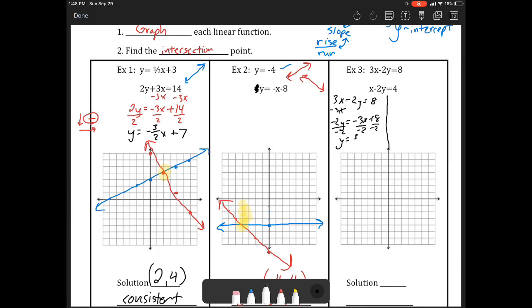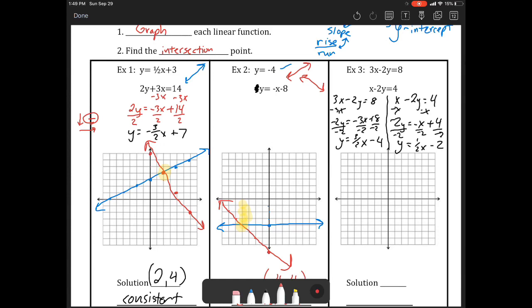And then I get y equals 3/2 x minus 4. Now I'm going to work on the other side. So I've got x minus 2y equals 4, minus my x on both sides. And I get -2y equals -x plus 4. And then I'm going to divide by -2 again on both sides. And I get y equals 1/2 x minus 2.